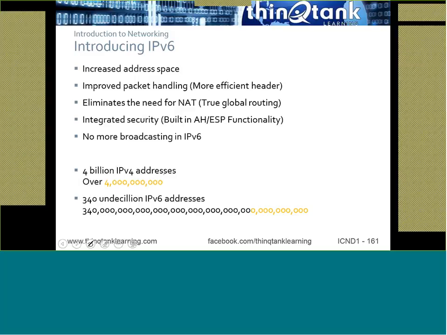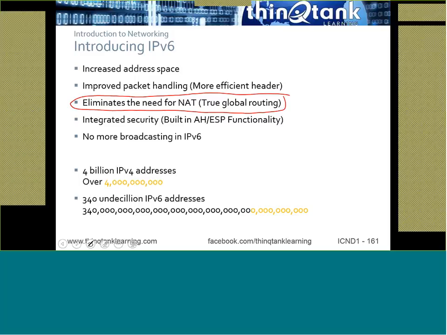Here's an interesting concept, right? The third bullet point down. No need for NAT. And that is because every IPv6 address is public. Now, that's not to say that there isn't a concept for private addressing in IPv6.